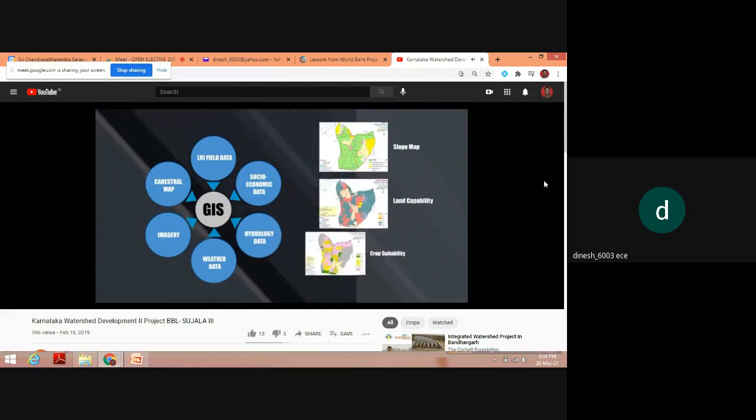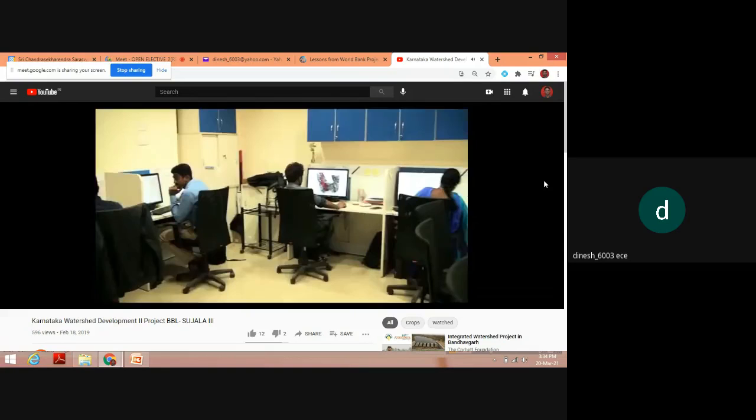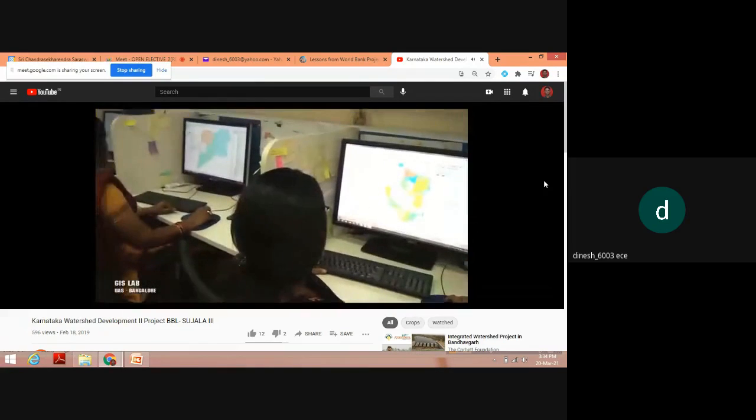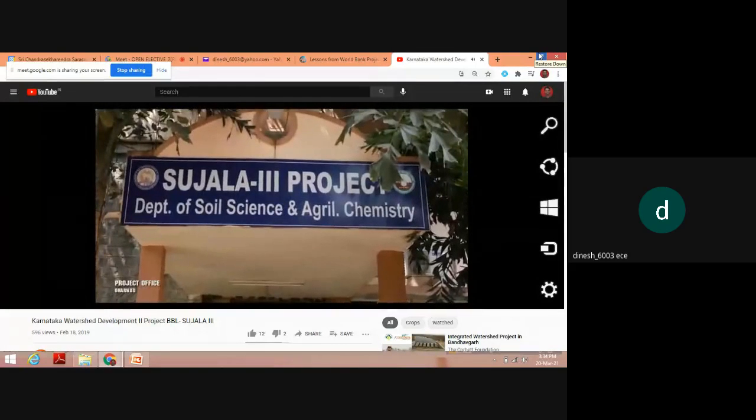From the LRI database and information collected from other sources, thematic maps on erosion, salinity, nutrient status, land capability, and land suitability for different crops are generated with the help of dedicated GIS facilities established in LRI partner institutions.